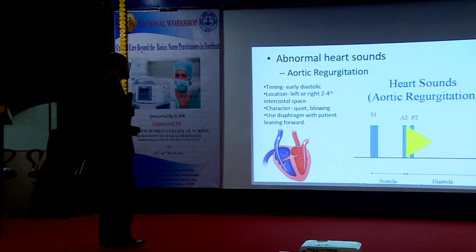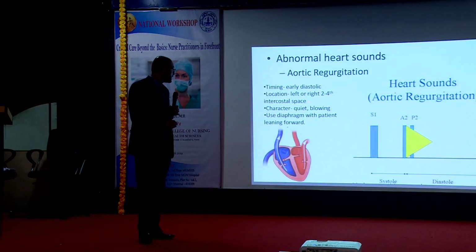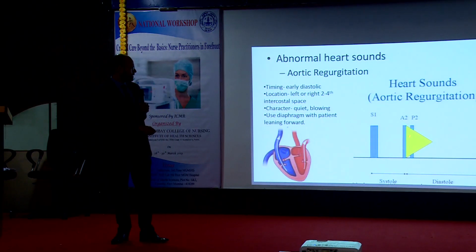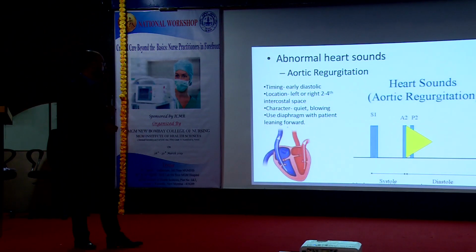What about aortic regurgitation? What happens in aortic regurgitation? It's a diastolic murmur. So it happens after S2. Okay? And this is called a decrescendo murmur. It starts out loud and then tails off. Again, heard in the Erb's point, in the left third intercostal space.